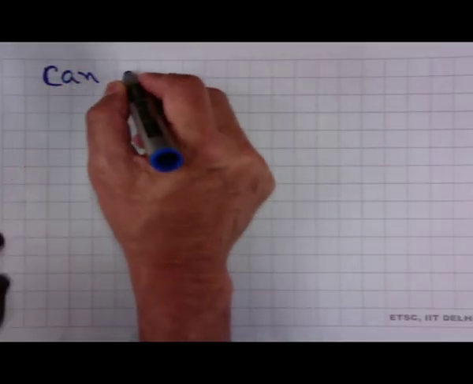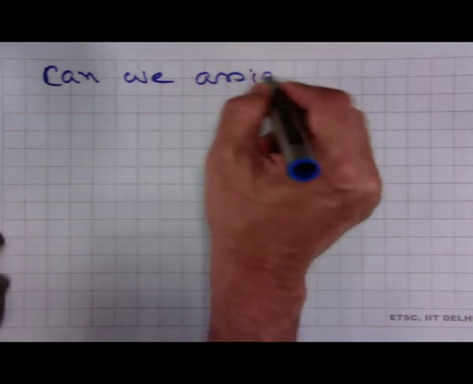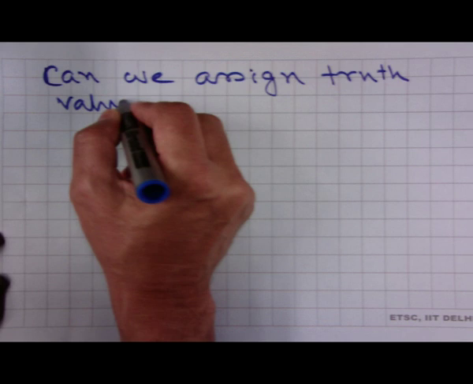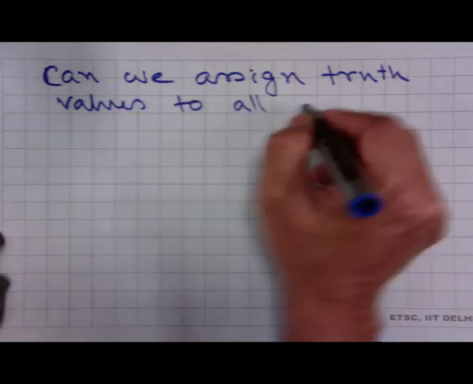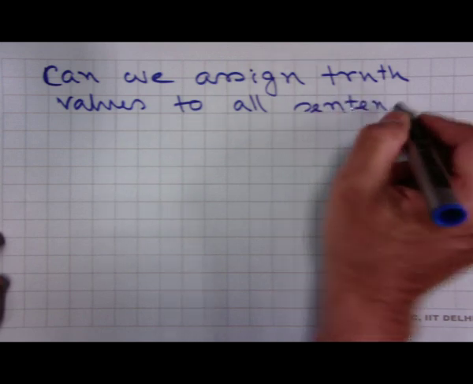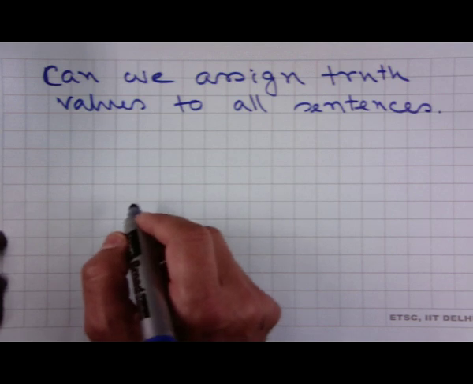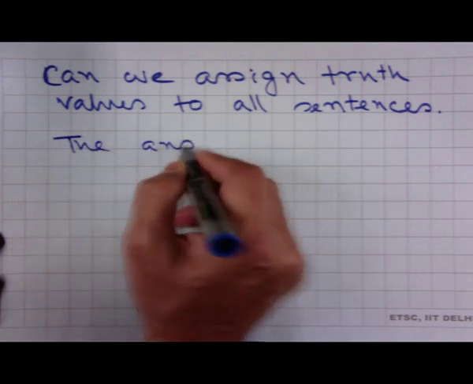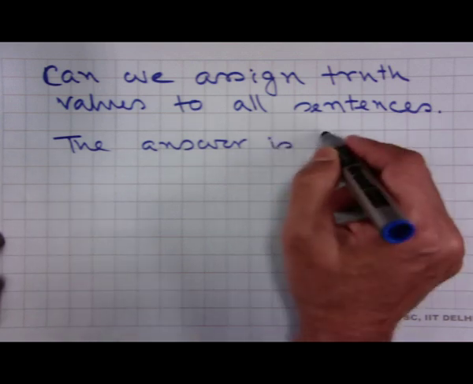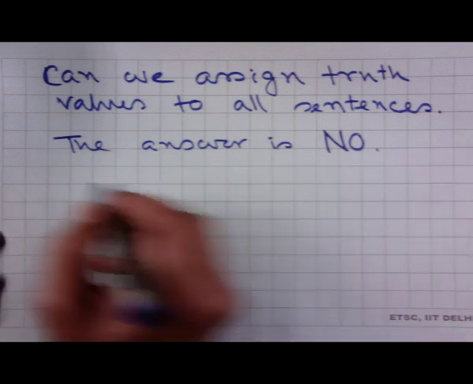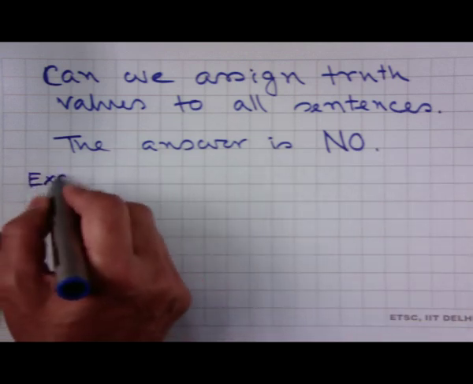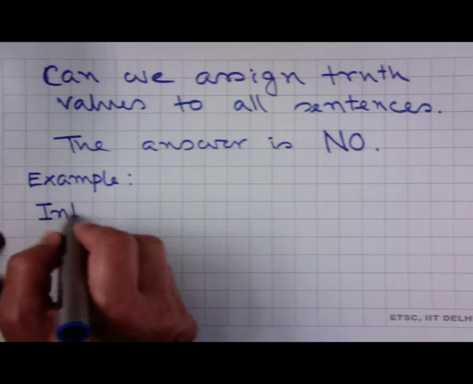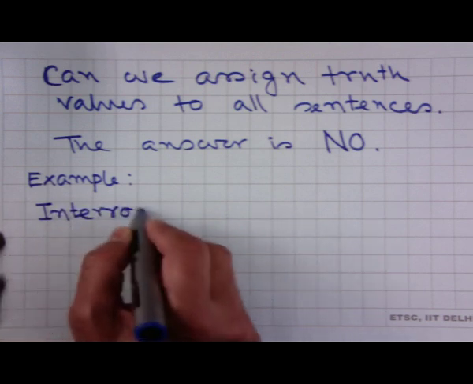Now, the next thing is, can we assign truth values to all sentences? The answer is no. Example: interrogative sentence.